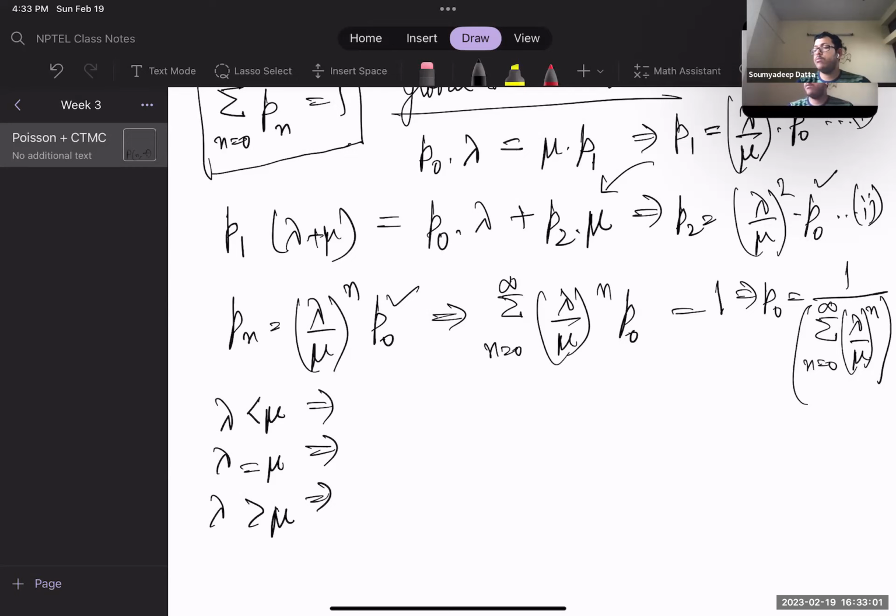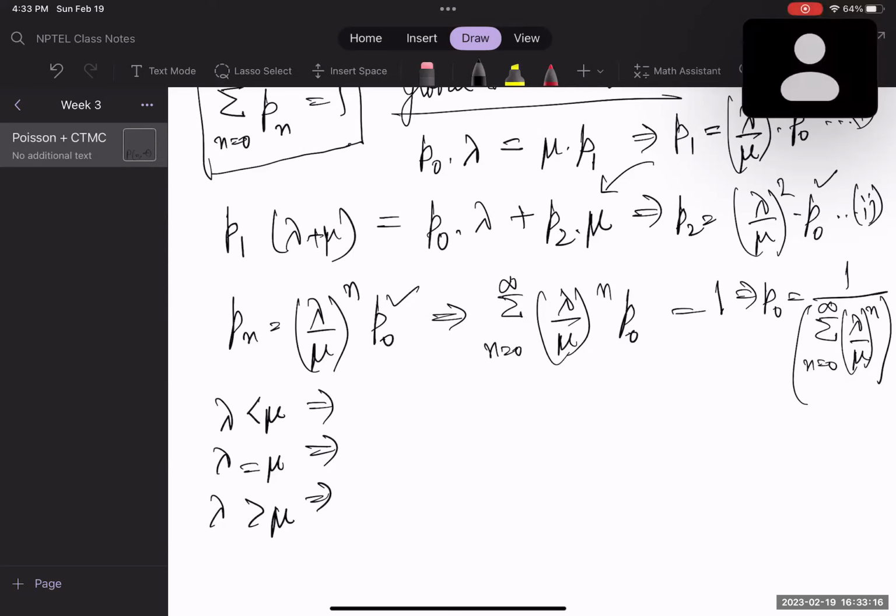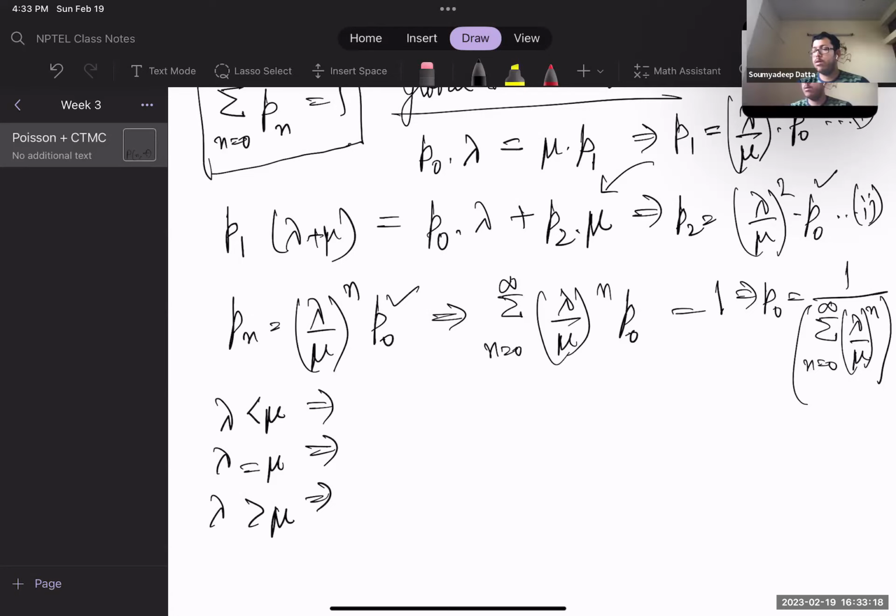So this is the sum of a geometric progression series, right? When will this sum exist? For a GP series, summation r to the power n to exist, you need mod r less than 1, right? So that is why you will need lambda by mu less than 1, that is, mu greater than lambda. So in this case, it will exist.